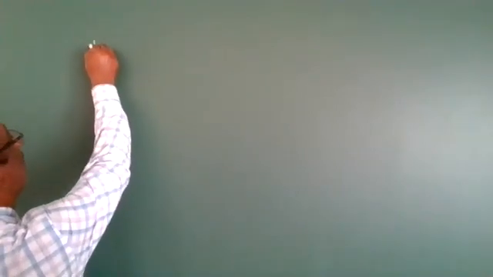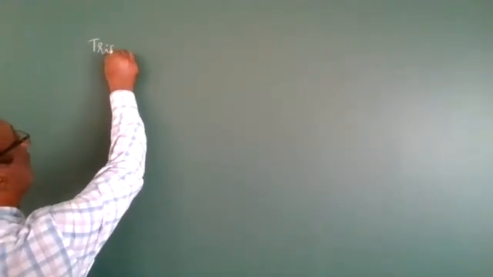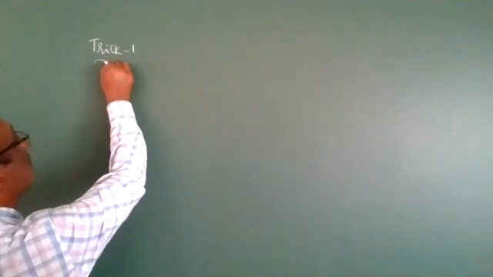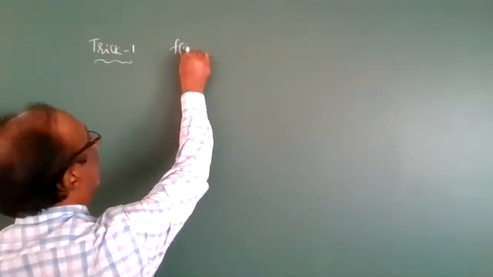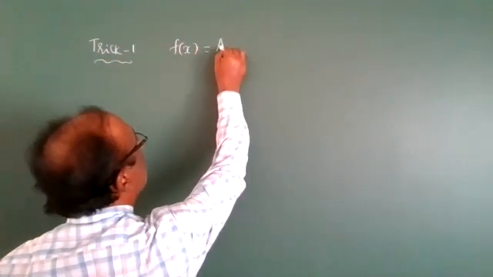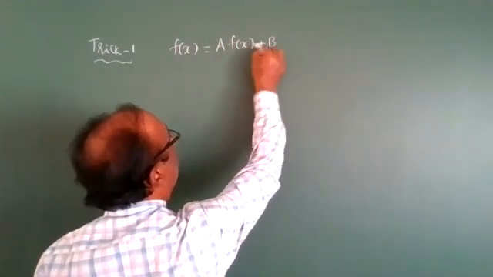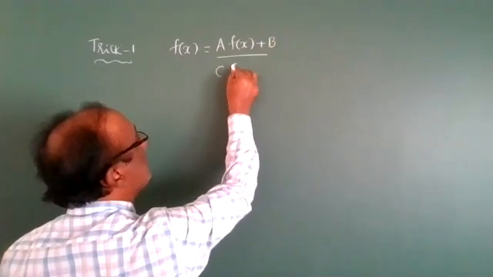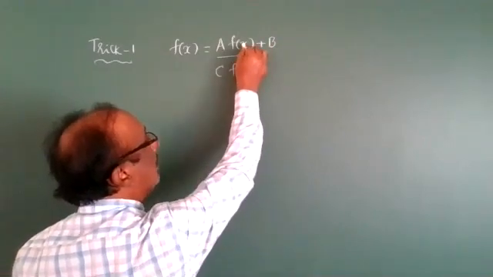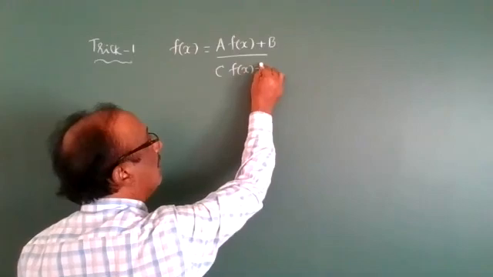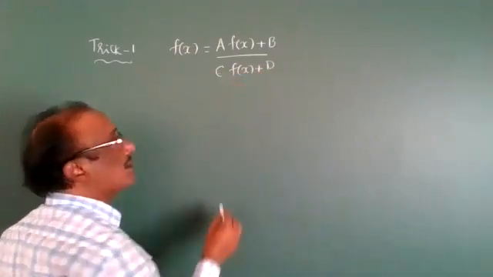Trick one, we are going to discuss in the form of f of x is equal to some constant into any function plus constant, where the denominator is a constant into the same function plus a constant. Numerator, what is the function? Same in the denominator, and d is the constant.